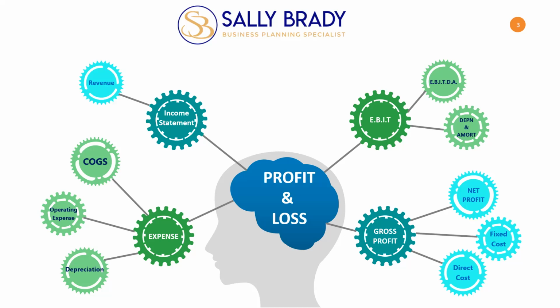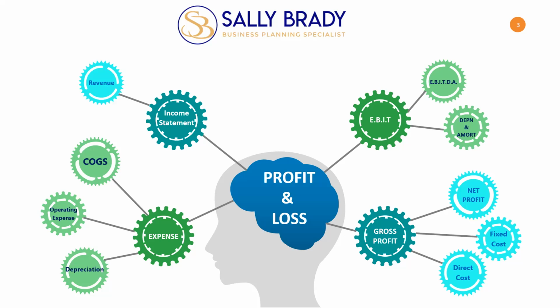So you would see that the figure is arrived at by calculating and subtracting the cost of goods sold from the revenue. So you would see revenue, COGS, gross profit. So you'd say sales less what it's cost to make the sale equals your gross profit. So it's completely different to net profit.